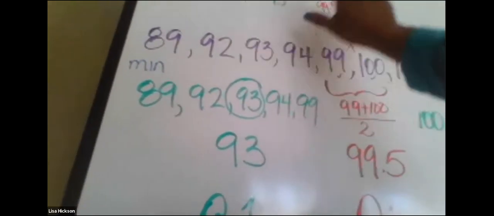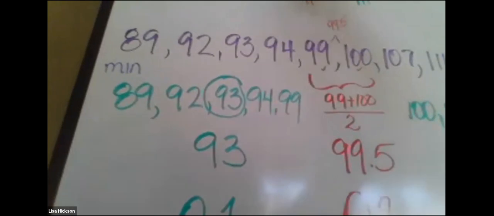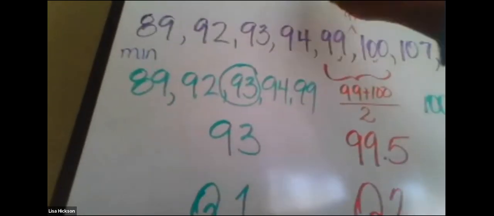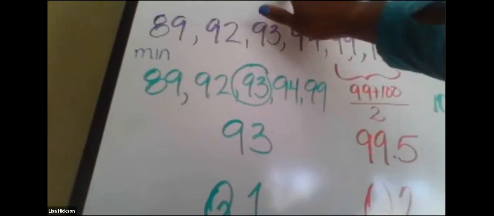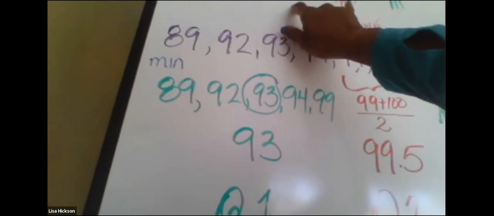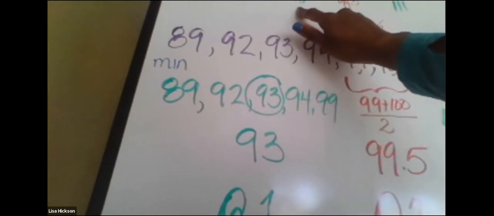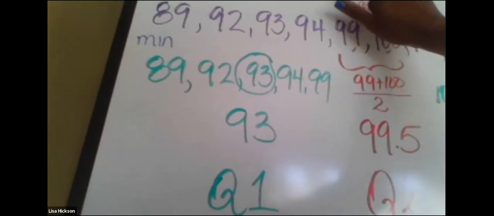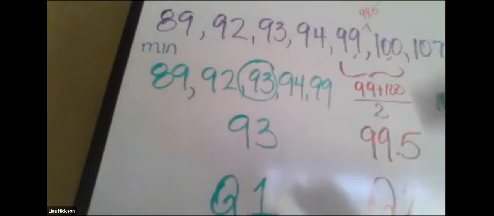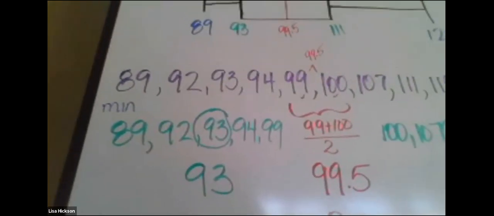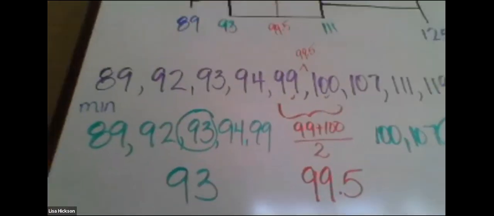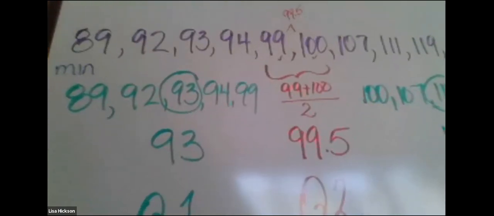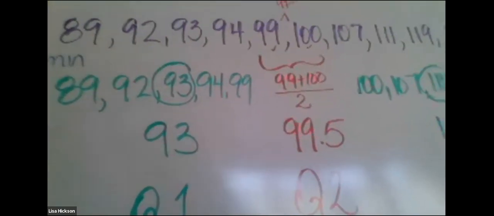So are we saying, no, let me take it back. According to this graph, we are saying that the distance between our Q1 and our Q2 is the same as the distance between our Q2 and our Q3. True or false? You have $99.50. If you spend $93, how much do you have left?